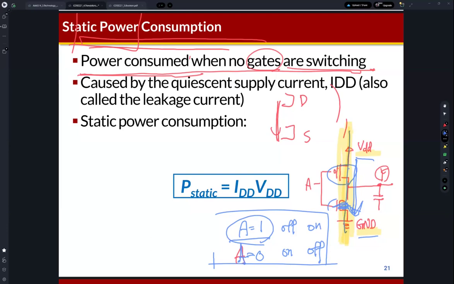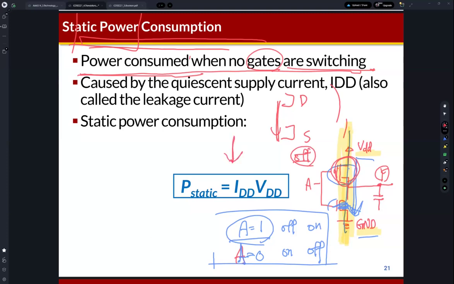This is the real characteristic, or real behavior, of most transistors. As I mentioned, our world is not ideal, and it's the same with devices: they are not ideal. So even though the transistor is in the off state, current can flow.